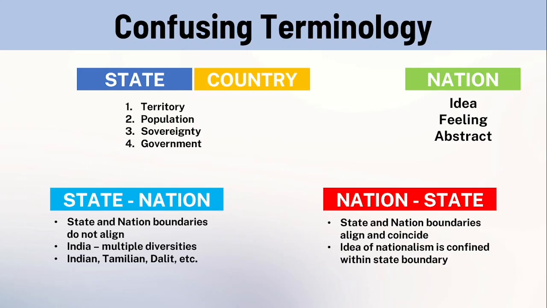As you have learned about nationalism in France, the idea of nationalism amongst the French people aligned with the boundaries of the French territory. So hopefully you understood these confusing terminologies, how they're not all the same, and how we should use them appropriately.